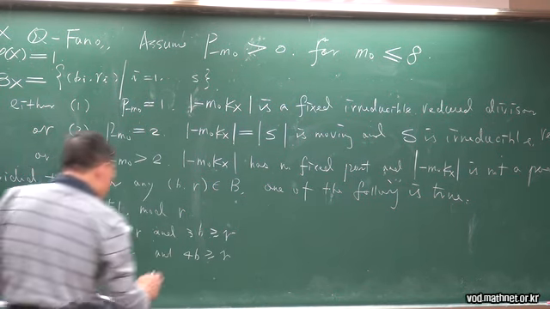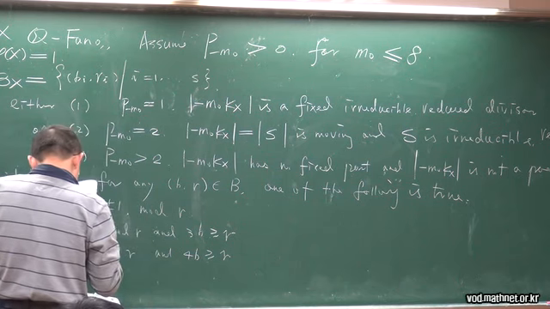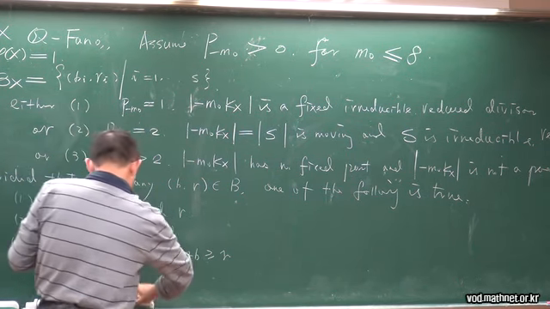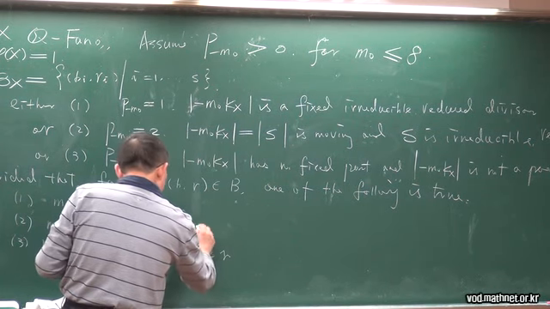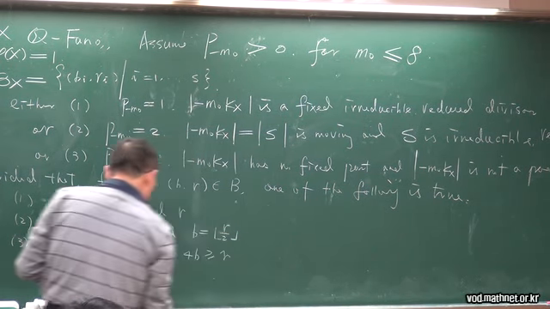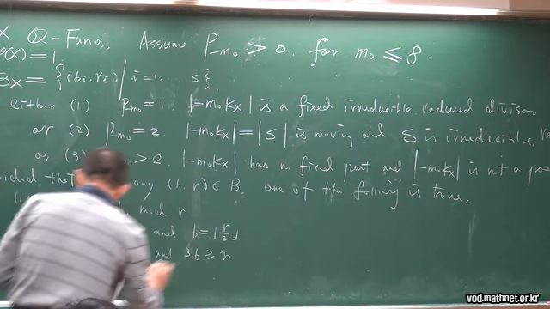Sorry, I wrote right. So this is b = r over 2 rounded down. This is 3b.